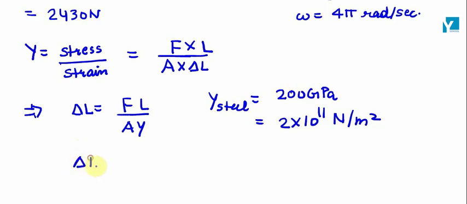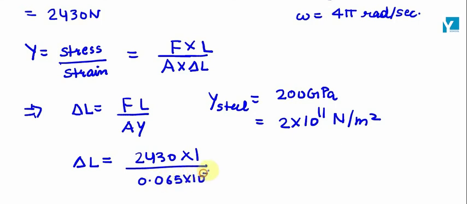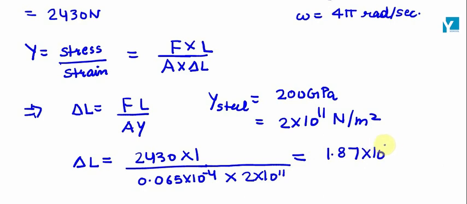Now on substituting the values, I will get 2430 into 1, divided by the area of cross section 0.065 into 10 raised to power minus 4, into the Young's modulus of steel, which is 2 into 10 raised to power 11. On solving this, I will get delta L to be 1.87 into 10 raised to power minus 3 meter, or more simply 1.87 mm, which is the desired answer.